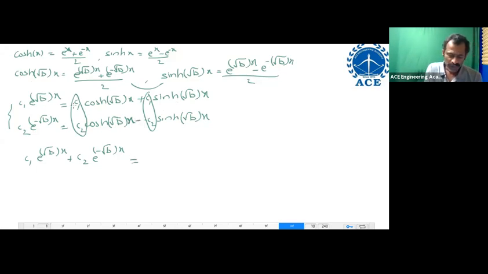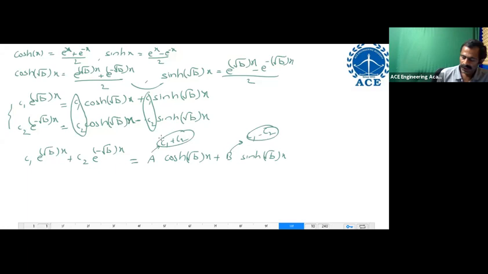So in place of C1 plus C2, we write some other constant A, and in place of C1 minus C2, another constant B. So A cosh root b x plus B sinh root b x.